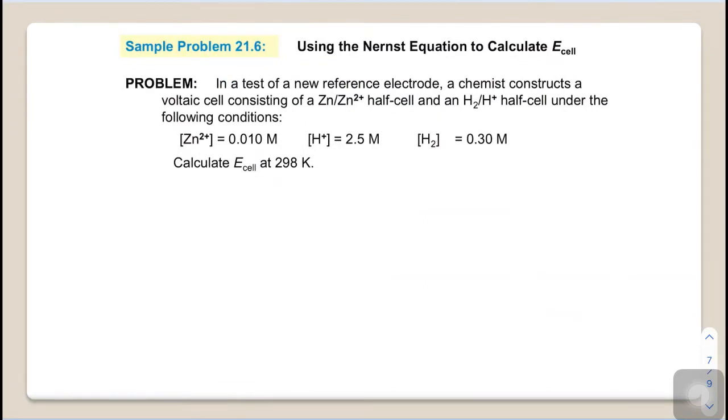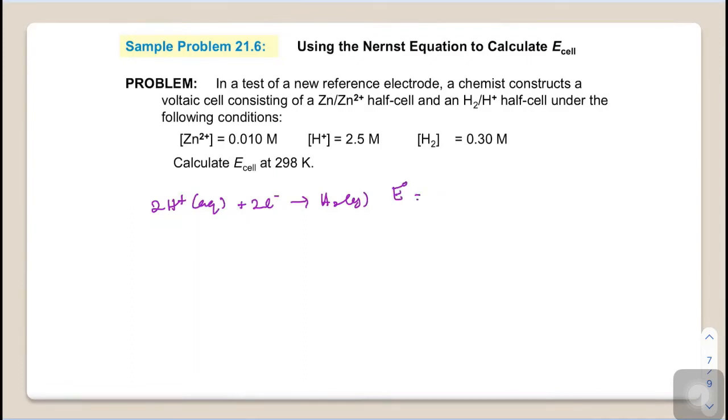Okay, let's try to apply the Nernst equation to calculate the E cell. In a test, we have a voltaic cell that consists of zinc and zinc 2 plus, and H2 and H plus. If we write the standard reduction potentials that we have in our tutorial workbook, the H plus reduction equation will be 2H plus aqueous plus 2 electrons produce H2 gas.